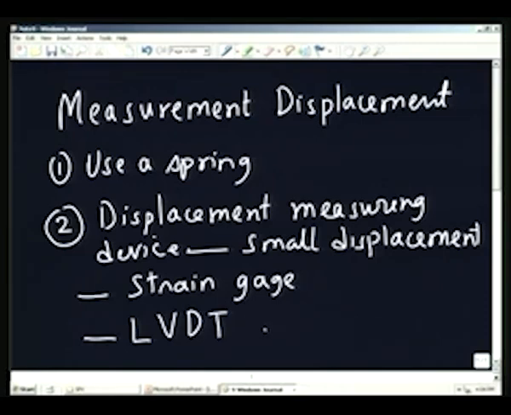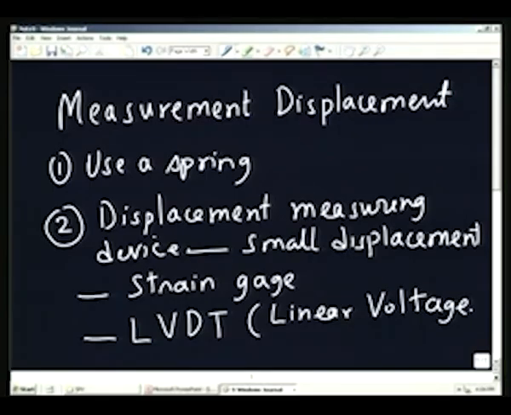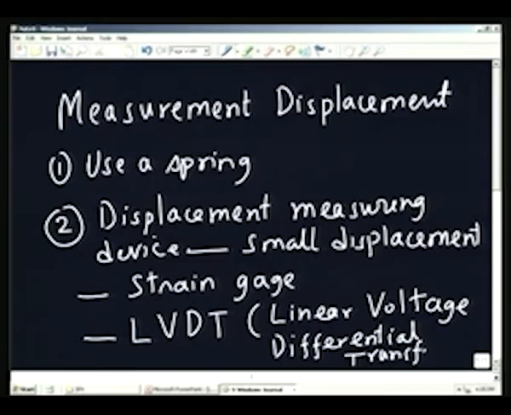This is a linear voltage differential transformer. LVDT stands for the first letters of these words, linear voltage differential transformer.